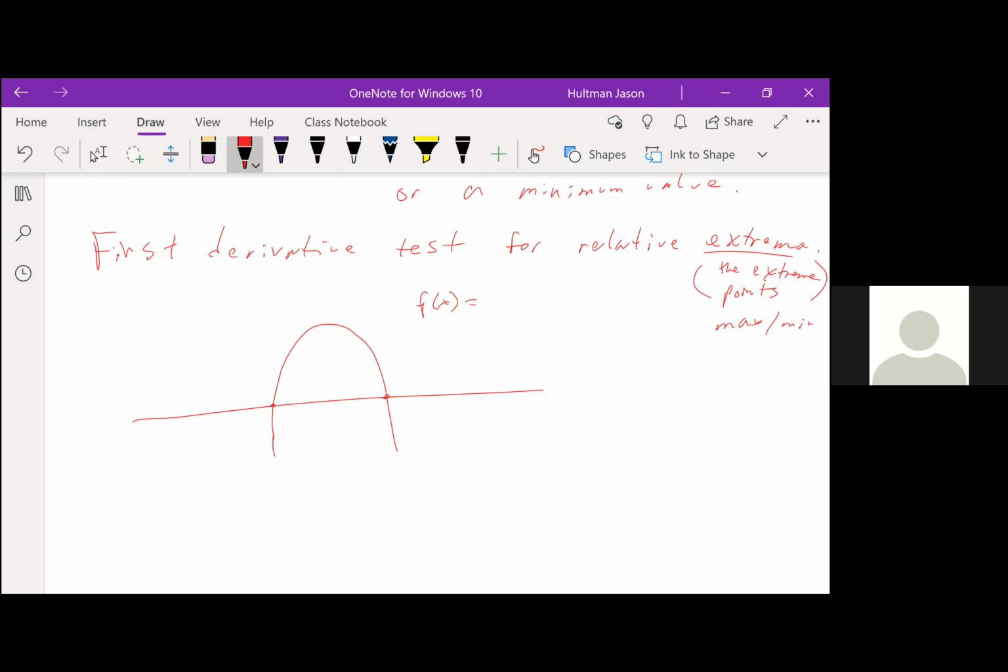Maybe I'll do that. Okay. How about I do negative x squared minus 4x... what do I want? No, plus 4x minus 4.